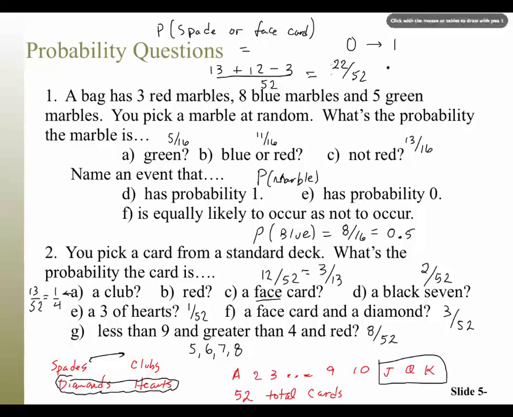So not occurring is more likely, because 26 out of 52, or 50% probability, is exactly equally likely to occur. So this is a little bit less likely than an even chance. Okay, any questions? This is just practicing the basic setup of the fractions, because it seemed to go pretty well in that.